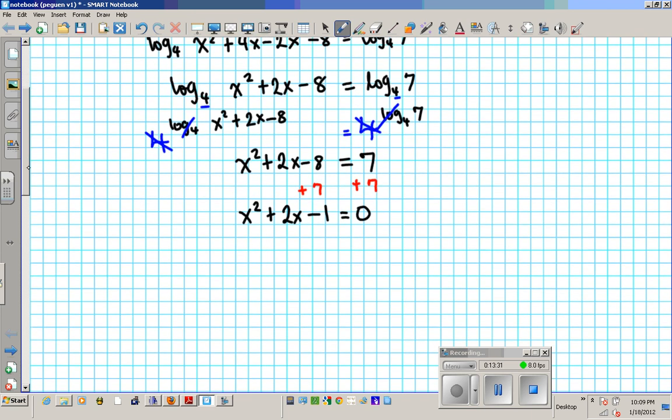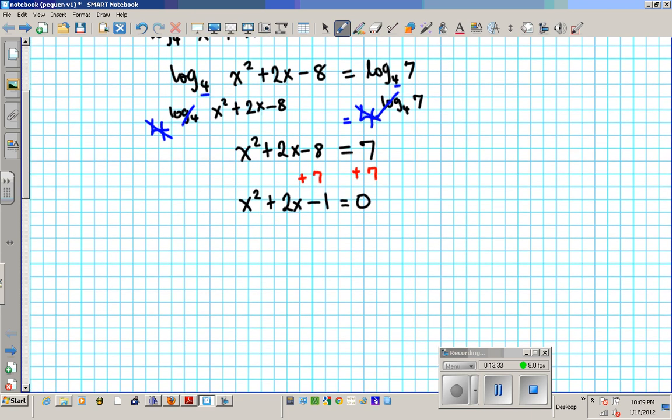Okay. Now let's use the x game on this, see if we can factor that. Set up your x game. AC goes on the top, right? And B goes on the bottom. AC is -1, B is 2. What works here? Let's see.